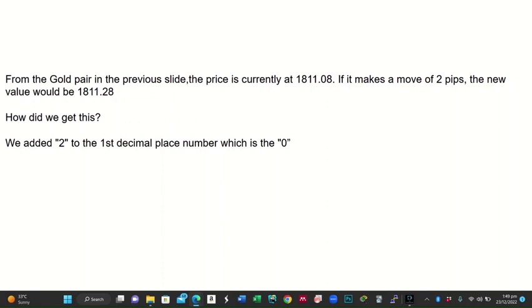To make it clear for you, for other pairs like EURUSD, GBPUSD, AUDCAD, CHF, and the likes, most of them have their pip movement start from the fourth decimal place. But for JPY pairs, their pip movement starts from the second decimal place. But for gold, the pip movement starts from the first decimal place. I hope you get it now.